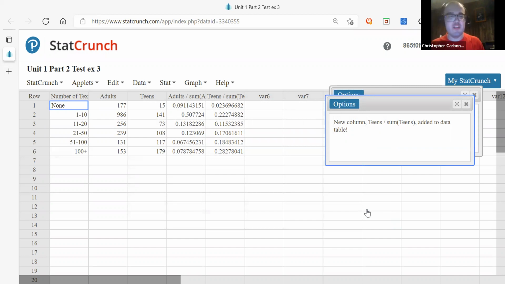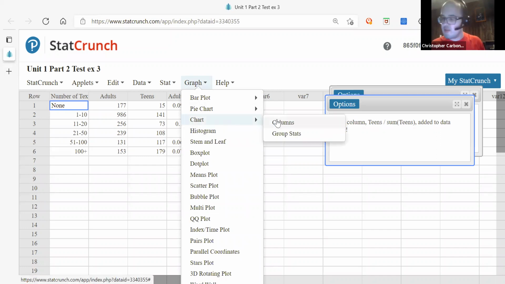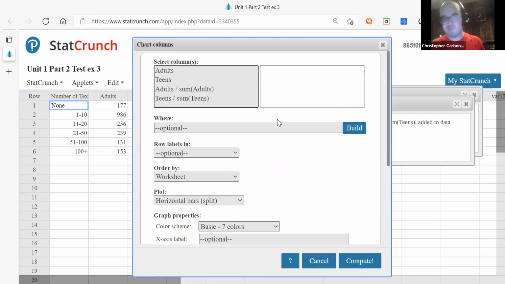I would go back to the page, but the next question asks about a side-by-side relative frequency bar chart, or bar graph, I should say. So for this, we need to go to Graph, Chart, and Columns. It should be noted that we are going to use what we just calculated for the relative frequencies, so that'll be these two, based on our row labels, which will be the number of texts.